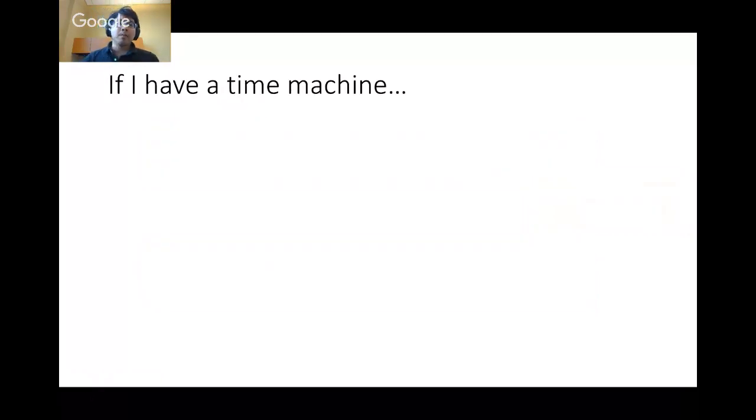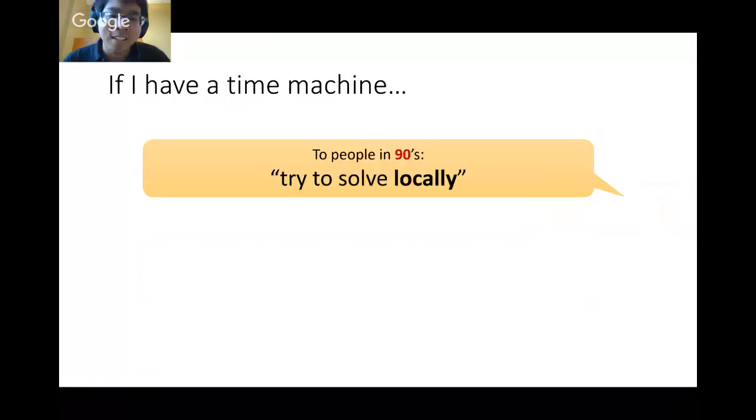And the conceptual take-home message about this work that I want to make is this. If I had a time machine, I could tell the people in the 90s that what really is the core of this work is to try to solve the problem locally. We will see what we mean by that at the end of the talk.